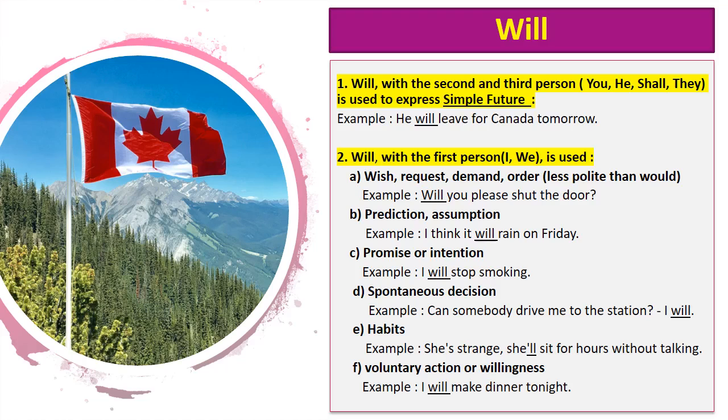I will. Habits. She is strange. She will sit for hours without talking. Voluntary action or willingness. I will make dinner tonight. So this is willingness कि आज रात का खाना मैं बनाऊंगी.